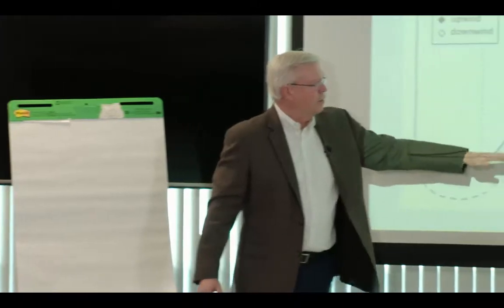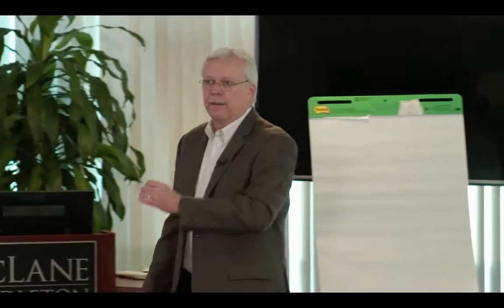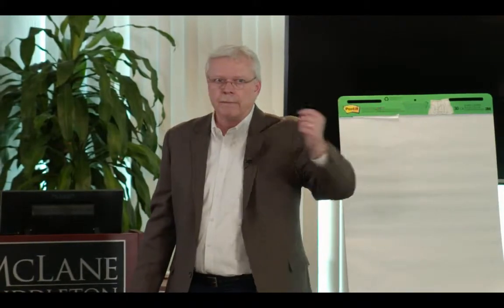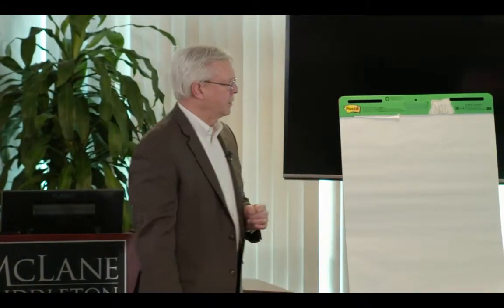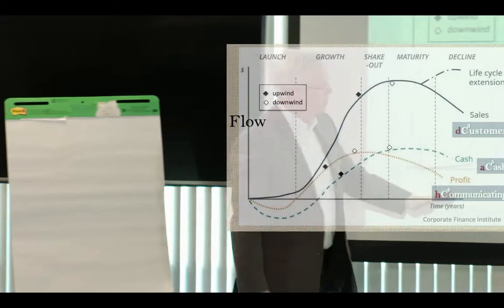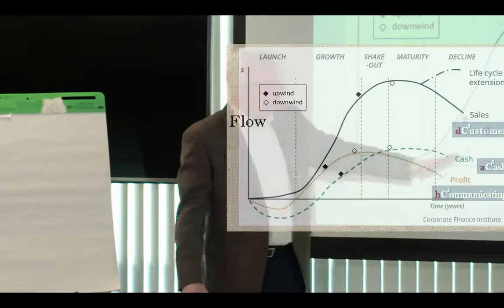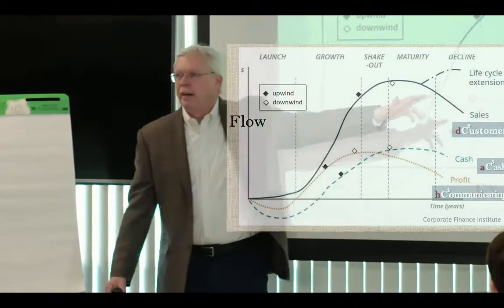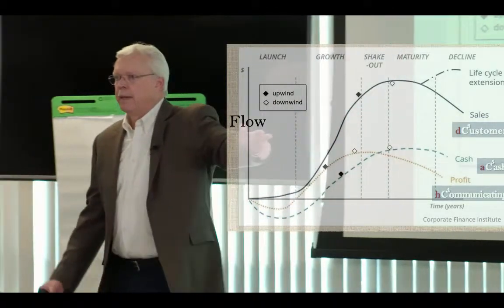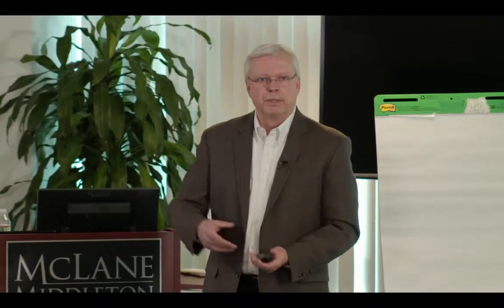As it applies to profitability, that highly communicating culture is going to be central to how efficiently we operate and generate profit from that top line growth that we see. And then finally, as it comes to cash, this cash line, as the Corporate Finance Institute represents most businesses in a traditional storyline, doesn't come around to benefit us until well after our profits have begun to decline, because now we're not investing in the working capital or in the other requirements of the business, which frees up more cash for us.